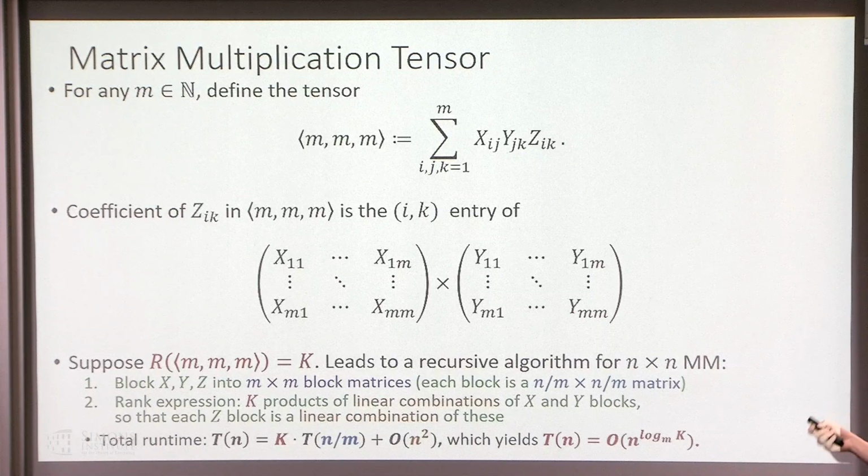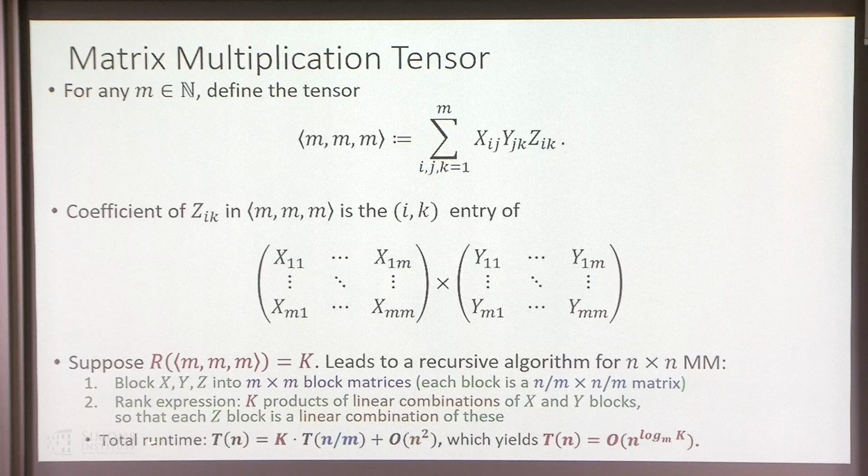Then you use the identity that comes from the rank expression to form linear combinations of the blocks. Luckily, linear combinations just involve summing matrices, which is linear in the number of entries. Then you perform products of these blocks using the recursive approach, and then you use the rank expression again to assemble the final product.